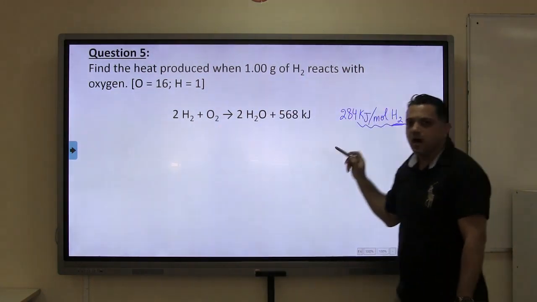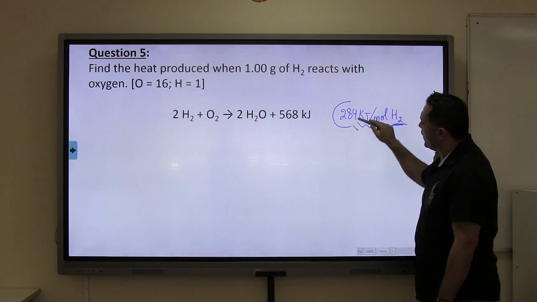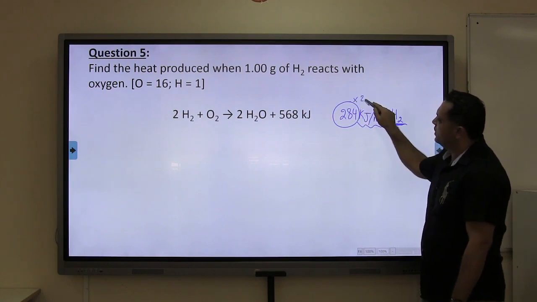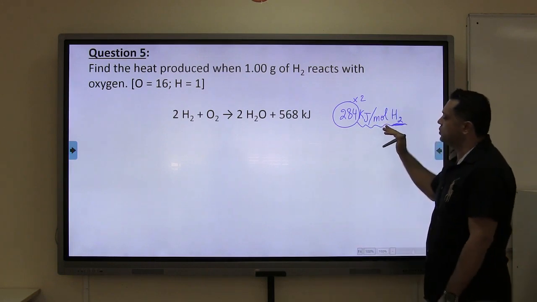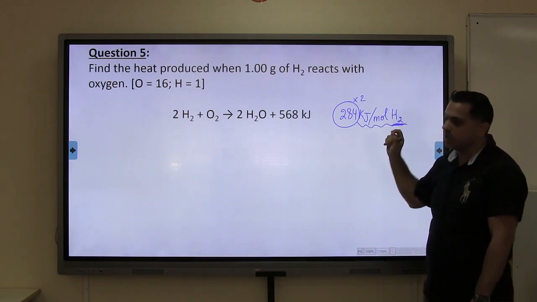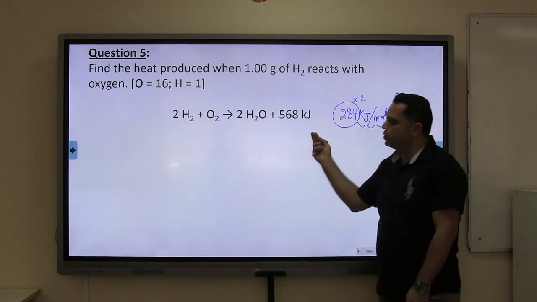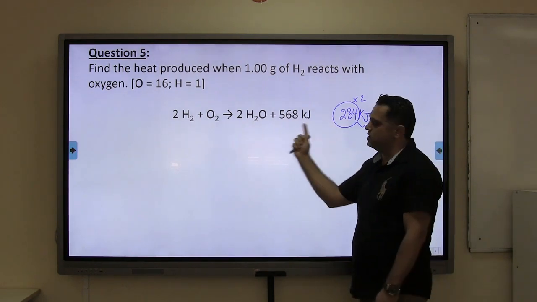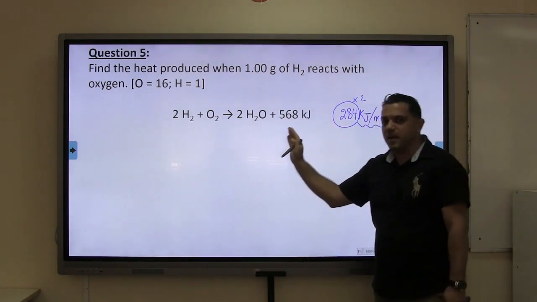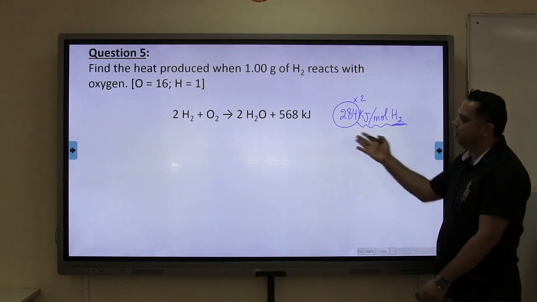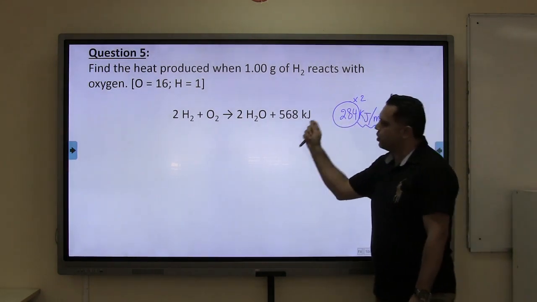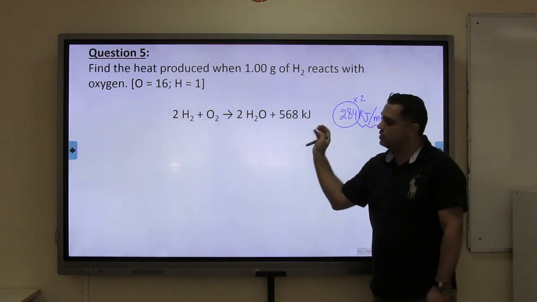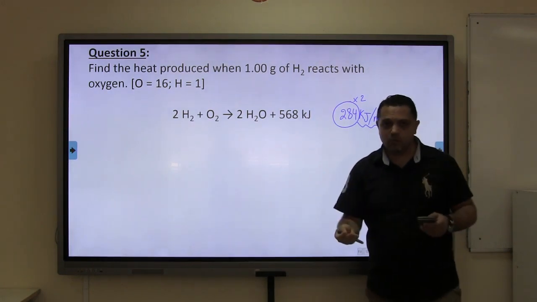So in this case I need to multiply the 284 by 2, and that will be 568 kilojoules. So this is a very important point to pay attention to for the heat, for the kilojoules, whether it is mentioned in the reaction itself, it's fine, or it is mentioned as kilojoules per mole of any of the species in the reaction. So we write the correct amount of heat in the reaction, and then we proceed normally.